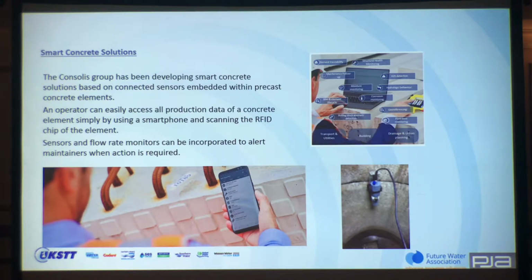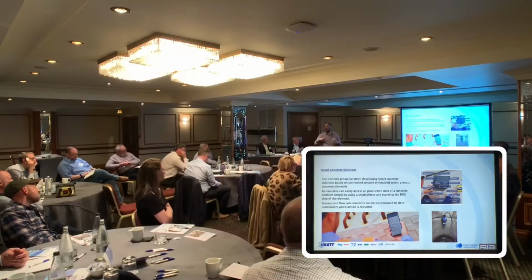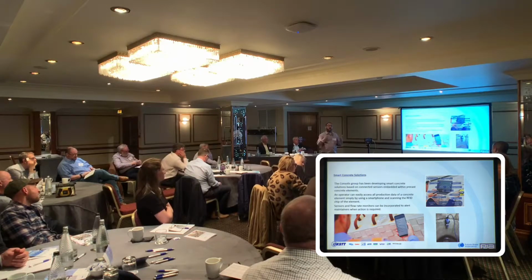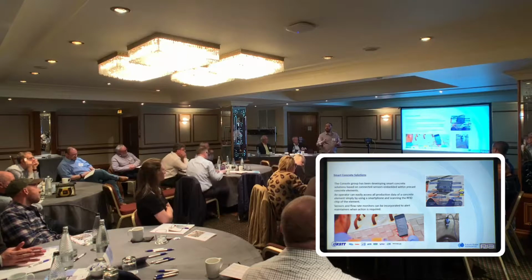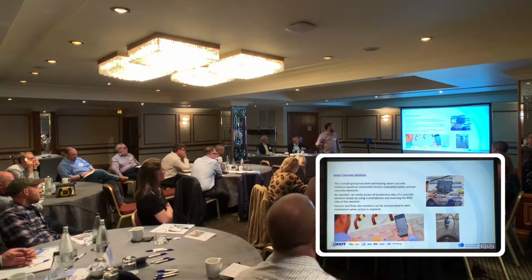So really moving away from paper-based maintenance and record keeping to an electronic based system. We're really keen for people to come to us with ideas of how we can instrument pipes or put sensors or other equipment inside the pipe at the production stage that may be of benefit once the pipelines have been installed.